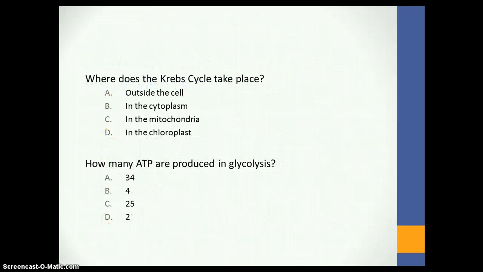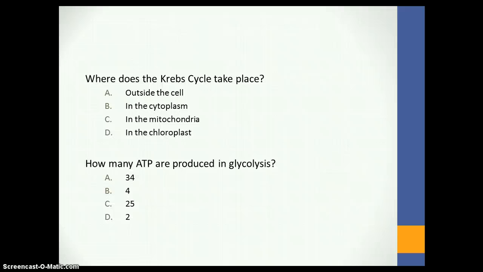The last two: where does the Krebs cycle take place? Hopefully that's not too difficult of a question. It takes place in the mitochondria. And how many ATP are produced in glycolysis? 34, 4, 25, or 2.